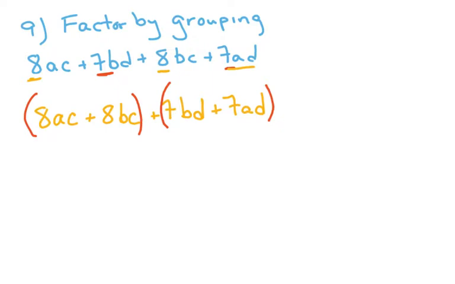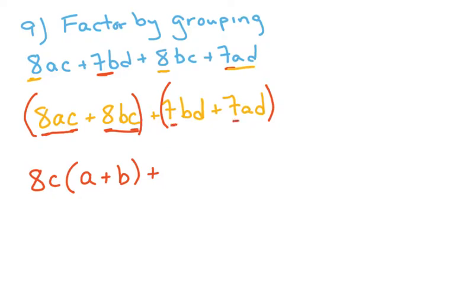which is nice. And then I look to see what I can factor out. I can factor out an 8 from these first two. I can also factor out a C. What does that leave inside? A on this one and B from this one. Okay, what about over here?